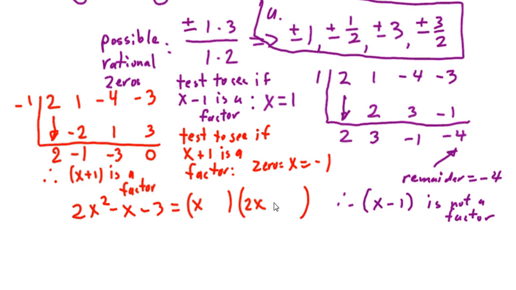So let's take negative 3 here times positive 1 here. x times 2x is 2x squared. 1 times 2x is positive 2x. Negative 3 times x is negative 3x. And then 1 times negative 3 is negative 3. So this checks out.